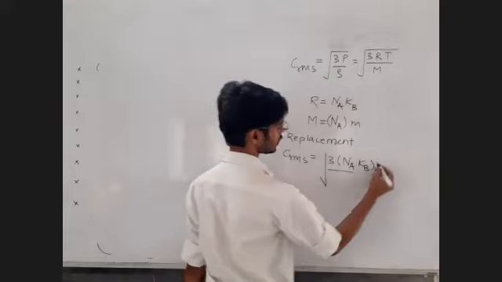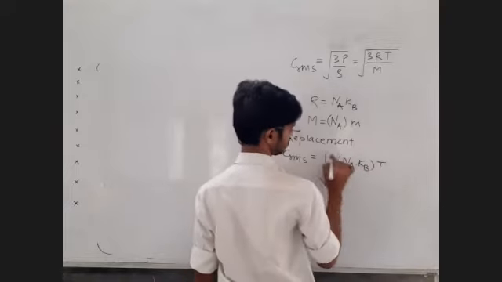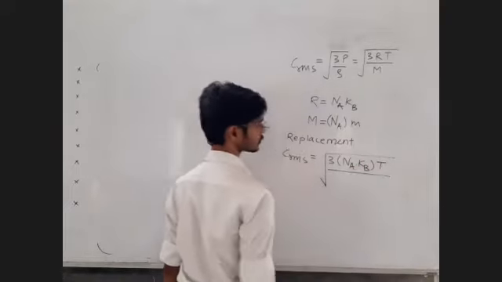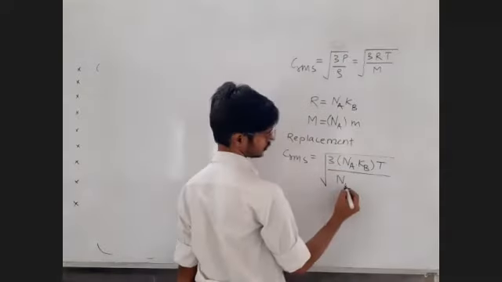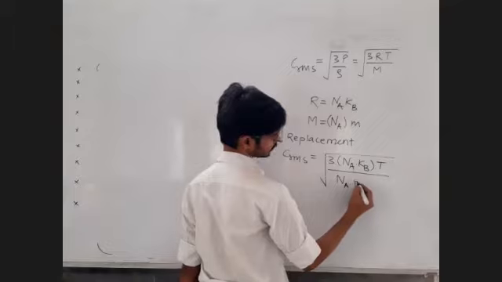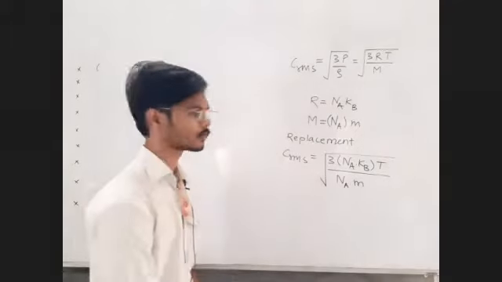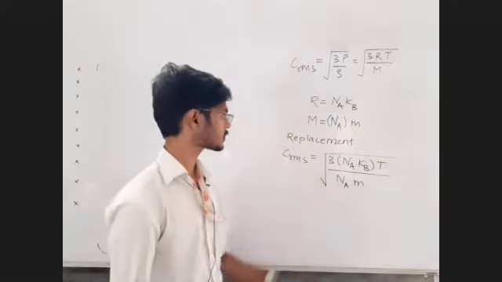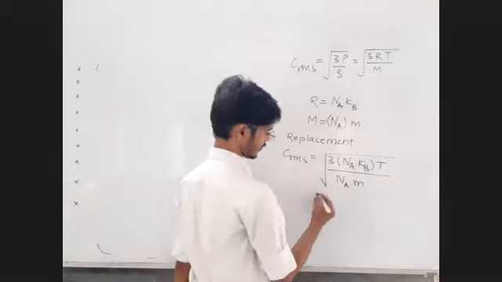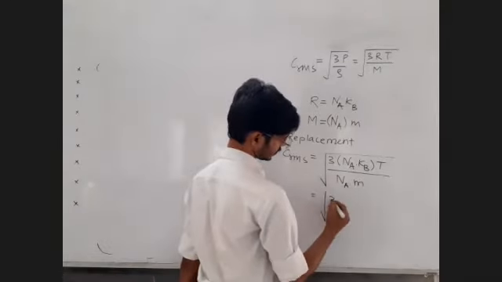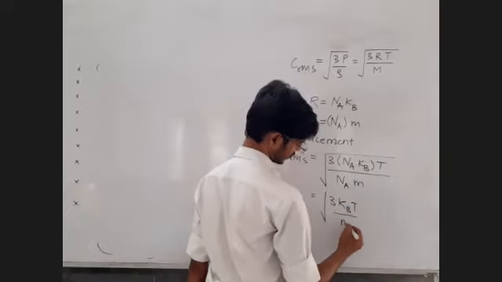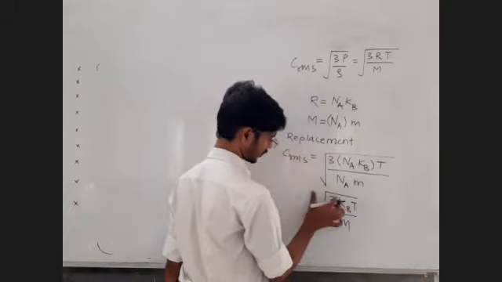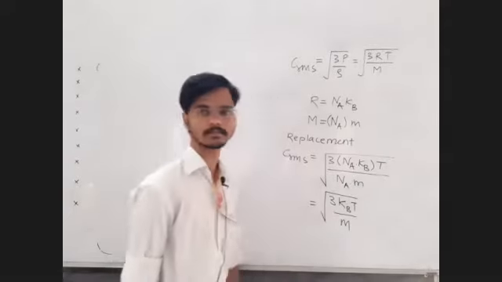So we get NaKb into T divided by Na into m, total number of molecules in 1 mole multiplied by mass of a single molecule. Now this Na gets cancelled, and what we get is under root 3 kBT by m. Instead of 3RT by M, now we get 3 kBT by m.